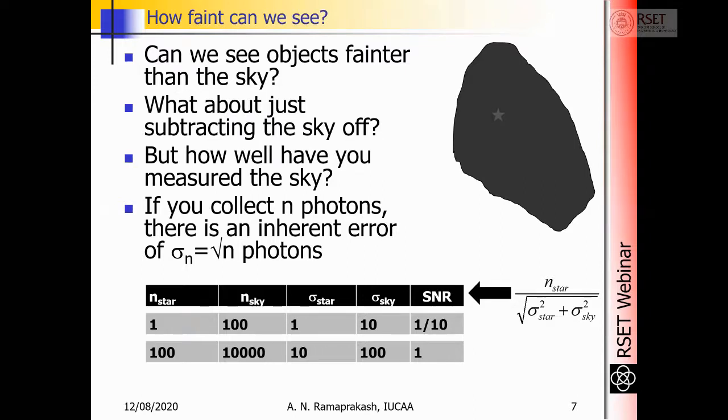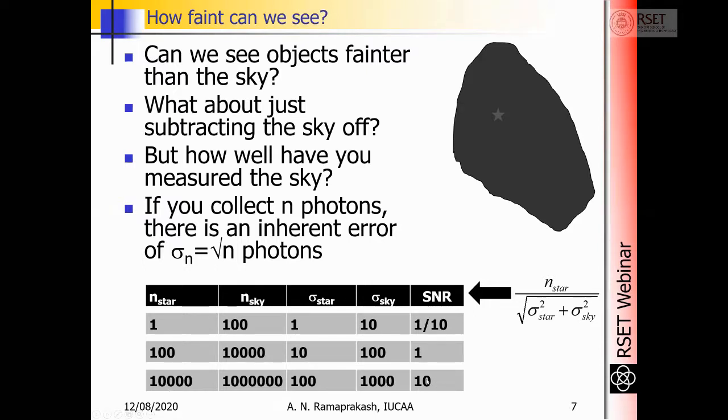Make the telescope larger, 100 times larger, or collect 100 times more photons from both star and sky. Now the signal from the star is 10,000. You are going to get 1,000,000 photons from the sky, which is an uncertainty of the square root of a million, which is 1,000. Now the ratio of 10,000 over 1,000 is 10.